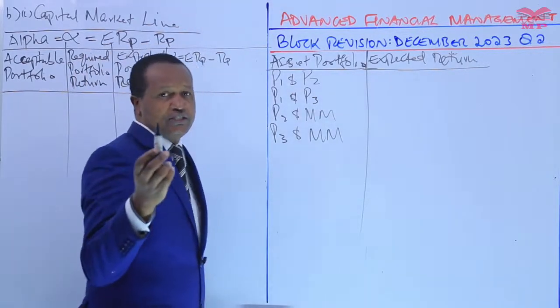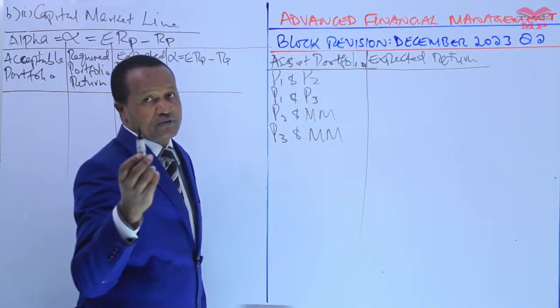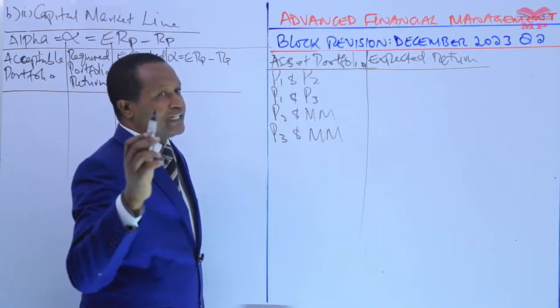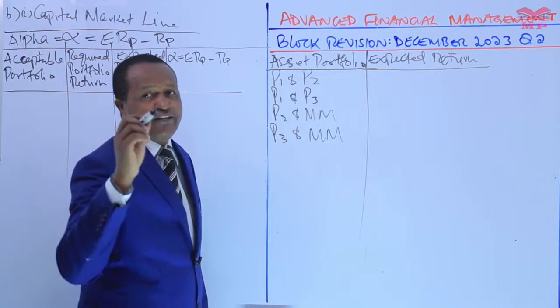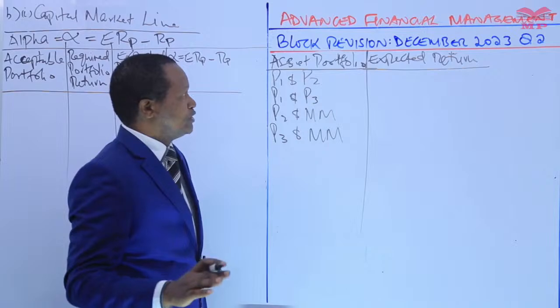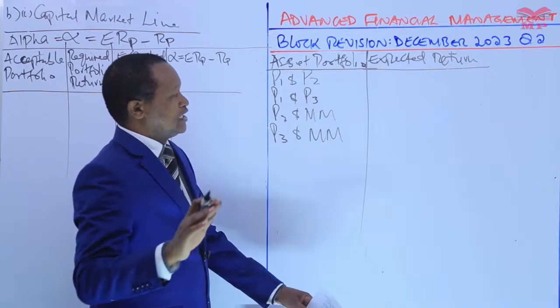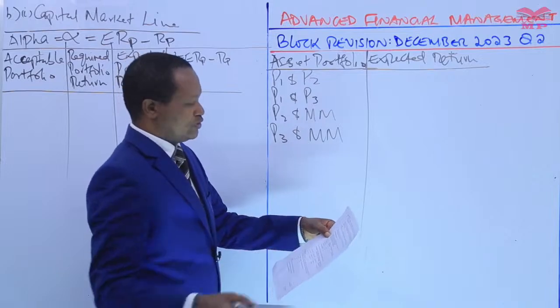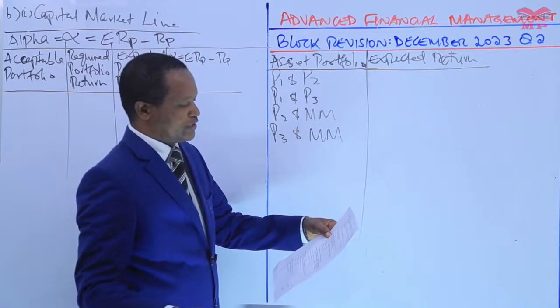You understand, candidates? First of all, what is analyzed under the CML are efficient portfolios. An efficient portfolio is the one that promises a higher return compared to the return on investment in note number 3, which is 14%.